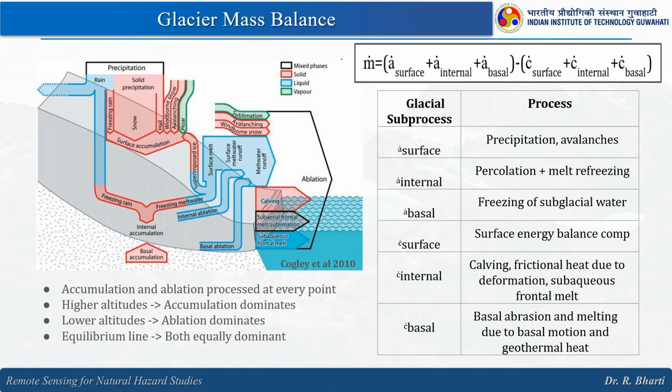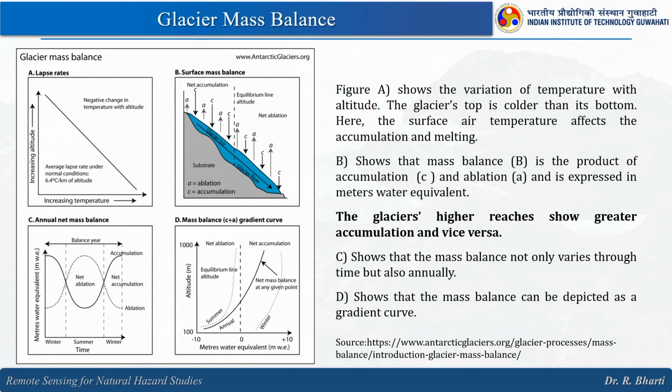Here you can see this is the mass balance that we can calculate. At the higher altitude, the accumulation dominates, at the lower altitude ablation dominates, and the equilibrium line has both in equal proportion, right. Here you can see figure A, which is showing the lapse rate, and the glaciers' higher reaches show greater accumulation and vice versa.